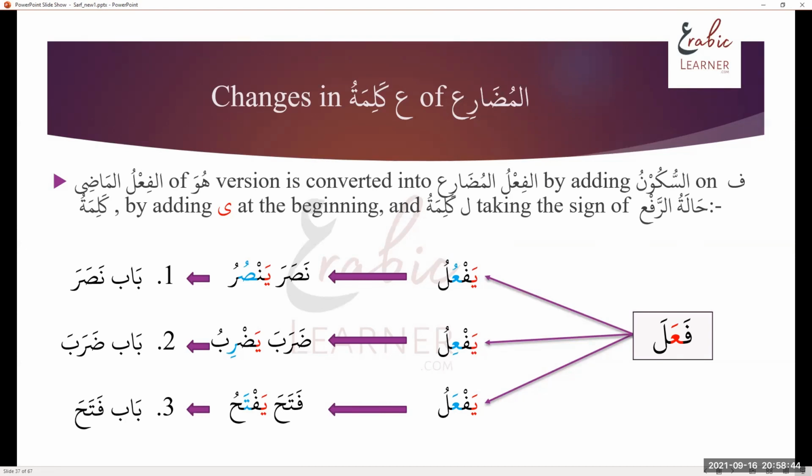No, don't worry. This is the basics of Sarf, and you have to understand this, brothers and sisters. These things you have to memorize. I have simplified this subject to the best of my capacity.